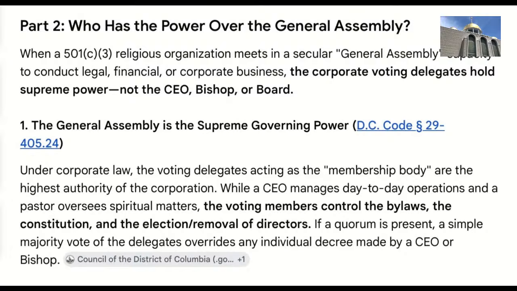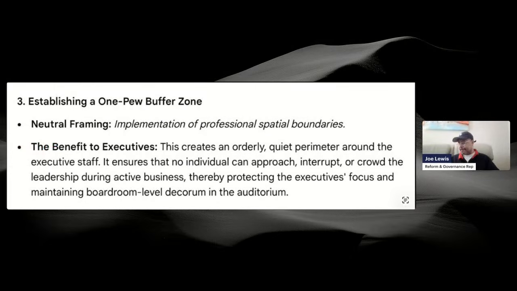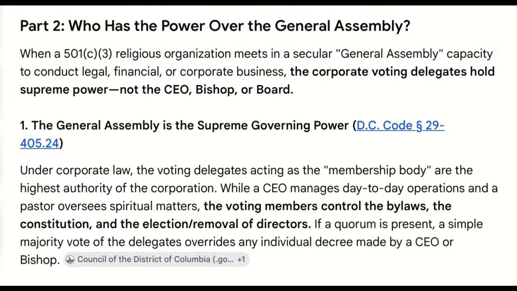And as such, what does that mean? It means the members can overrule anybody or anything. This is what I mean when I say that the people have the power. The bishops, the organization, these general council members, they're not the ones who hold the power.